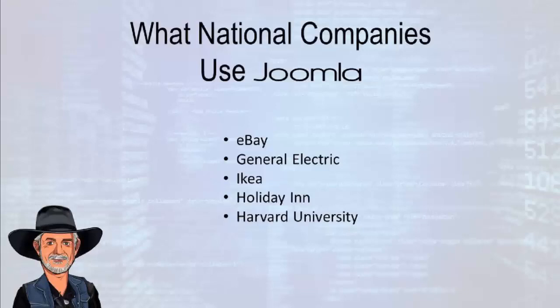You can go through and do searches by categories. You can have large groups and listings, and all of these functions are managed by Joomla. So if you consider all of the different types of features that you find when you visit eBay, you'll begin to see the versatility of the Joomla content management system.